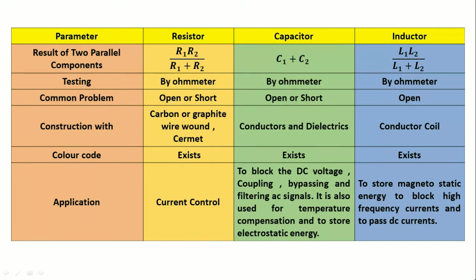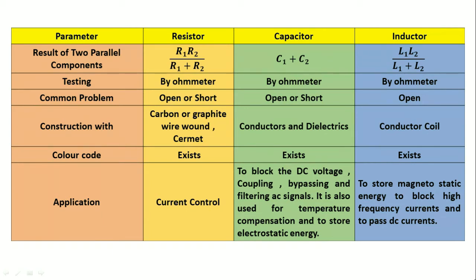For the capacitor, if two capacitors are connected in parallel, the resultant capacitance value is given as C1 plus C2. And for inductor, if two components are connected in parallel, the resultant inductance value is given as L1 into L2 by L1 plus L2. We can test these components, that is resistor, capacitor and inductor, by using an ohm meter.